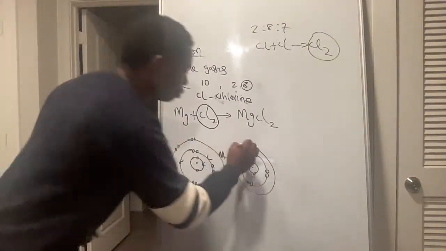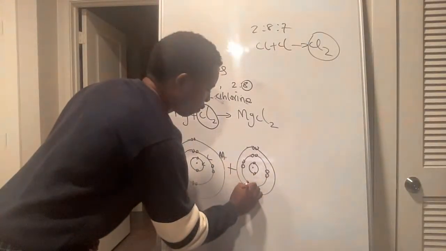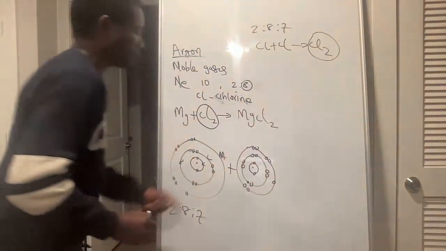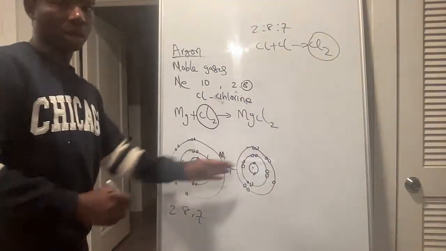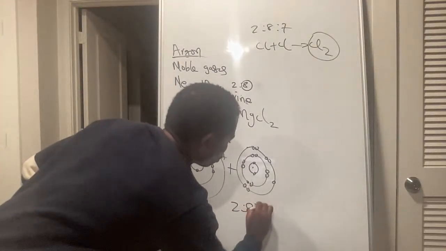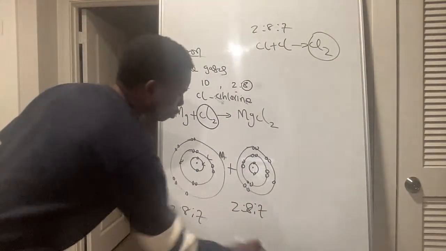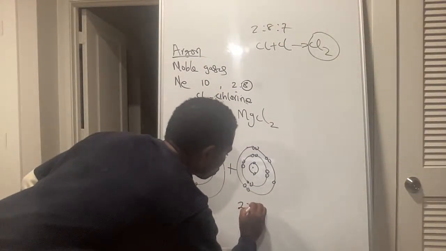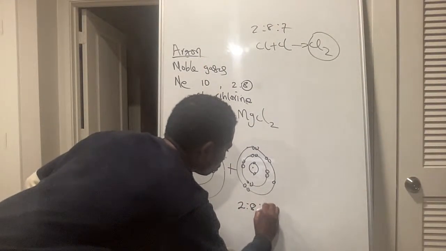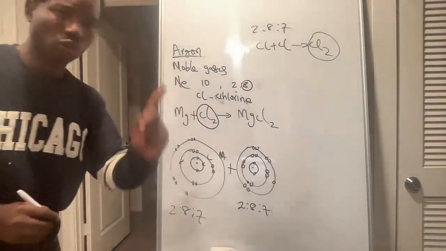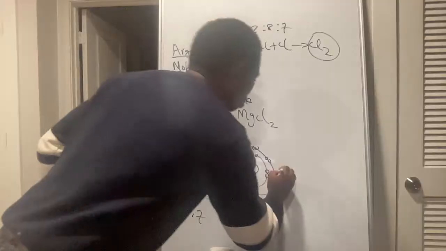We have 7. 1, 2, 3, 4, 5, 6, 7. So there is something common between these two atoms of chlorine. Both are 2.8.7. So the 7 here, both of them are looking for one electron to attain an octet state. So they will combine together.